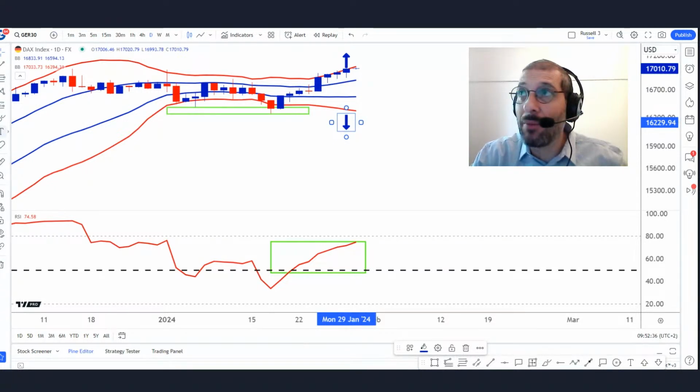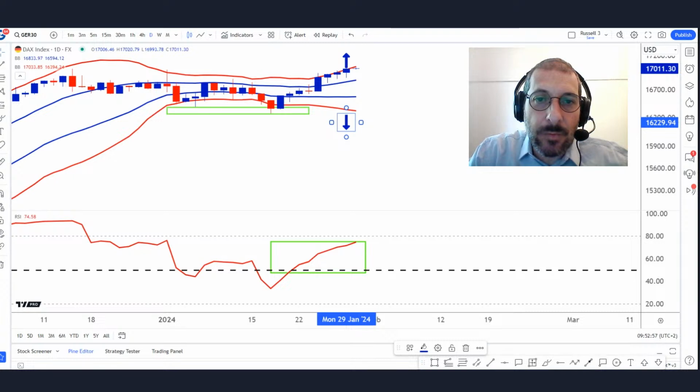That's exceptionally positive. So what we can do is go down to the DAX hourly chart and see if there's some sort of signal manifesting on the hourly chart, just in terms of timing. I'm just going to share that screen with you. All right, there we go.